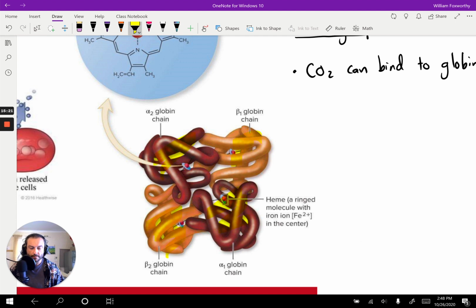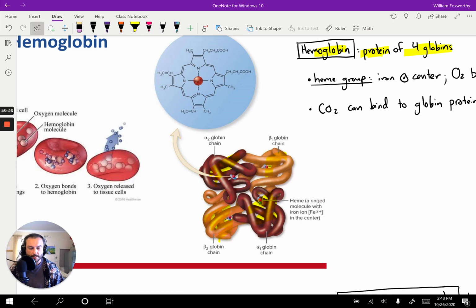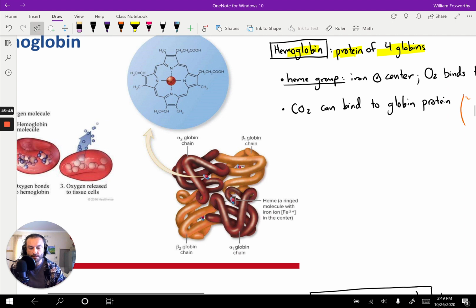So there are 4 globins, and the center of each of these globins has this heme group, and that heme group they've zoomed in on here. And the really important thing about the heme group is that in the center of the heme group you have an iron ion. And again, you have 1 of these per each globin, so you have 4 heme groups per hemoglobin.